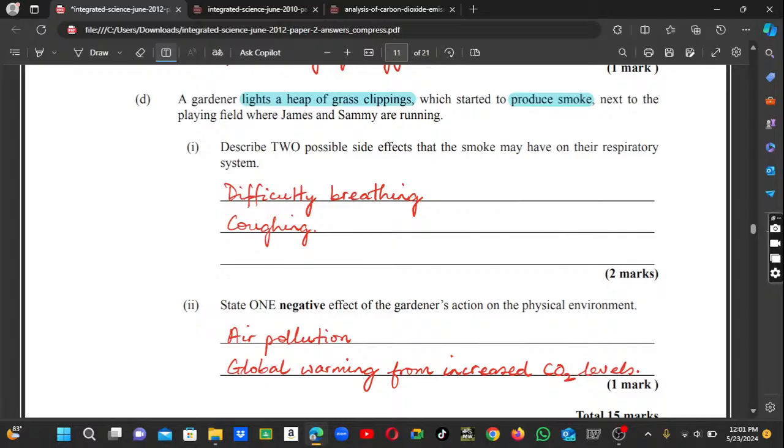We always feel like we are going to suffocate if we are in a lot of smoke. First, you would start to cough. That would be one possible effect the smoke may have on your respiratory system. You start to cough, and then you feel like you can't breathe, so you have difficulty breathing. These are real simple answers.